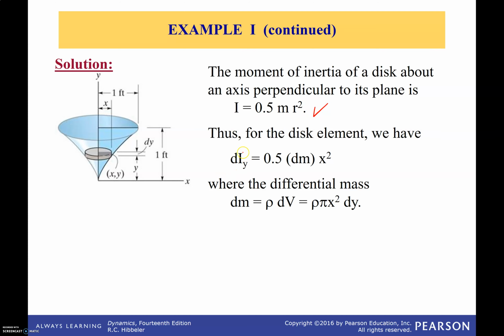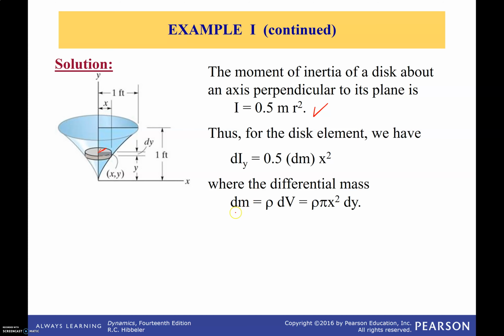We are going to write the moment of inertia of a differential element that has the shape of a disk. So it's 1/2, has a differential mass, and then the distance is x squared, which is the radius. That distance x here is going to be the radius.